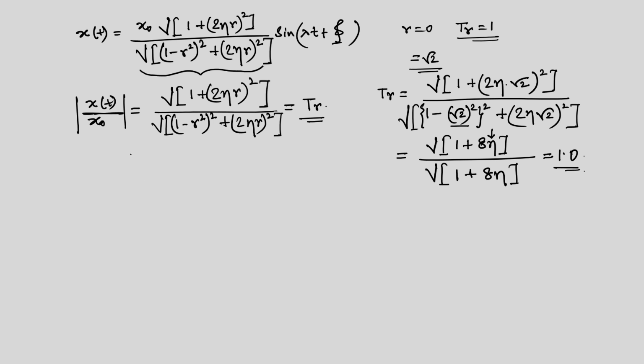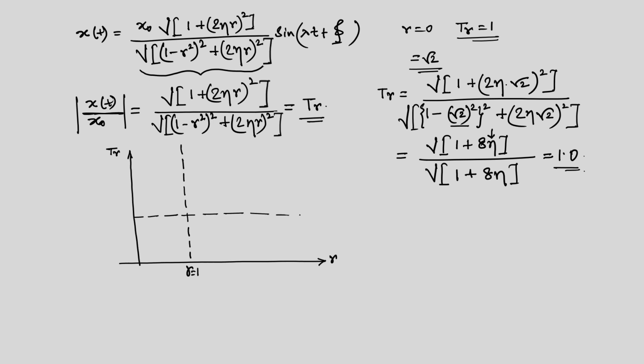Now, if we plot that curve, on the x axis we have r and on the y axis we have Tr, and then this is r equal to 1, which actually represents resonance. And then again, this is also the horizontal line representing Tr equal to 1. So, this is 1.0.